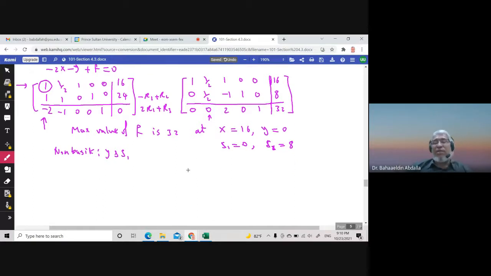How can we find another solution? Okay, this column now would be a pivot column. So 16 divided by half is 32. 8 divided by half is 16. So this number is the pivot entry, and we can make it 1 by multiplying the second row by 2.